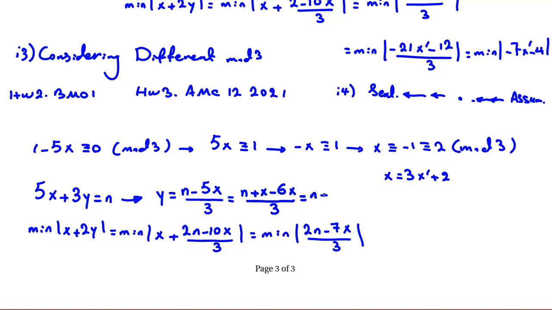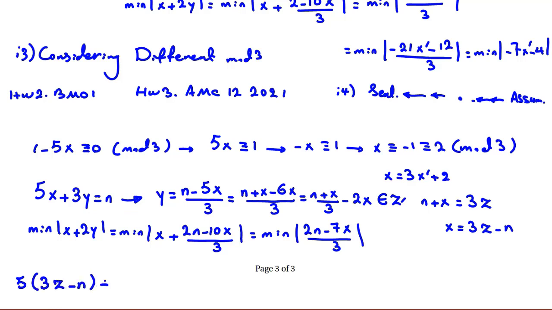So it will be n plus x over 3 minus 2x. Because it is an integer, we conclude that n plus x over 3 should be an integer. So n plus x should be, for example, 3z. Okay? So we can conclude x equals 3z minus n. And if we replace x here, 5 times 3z minus n plus 3y equals n.